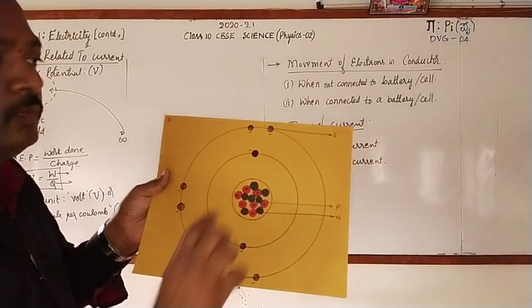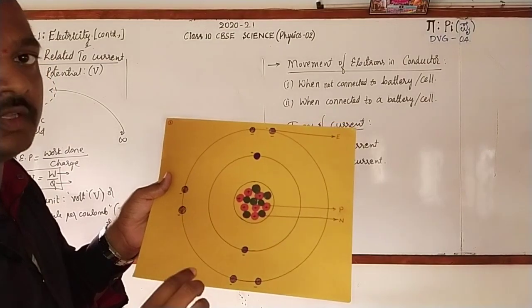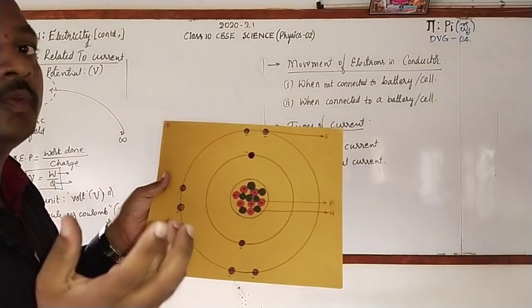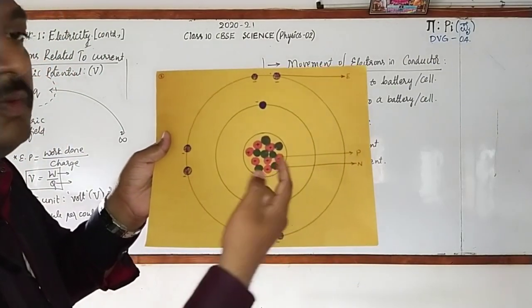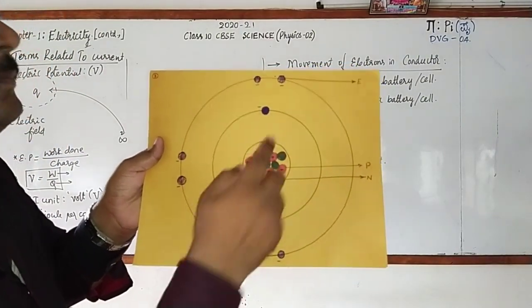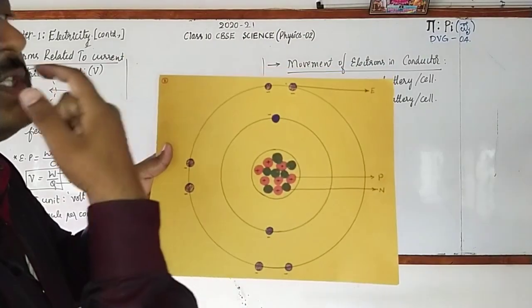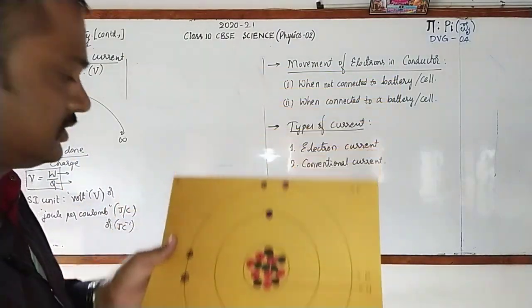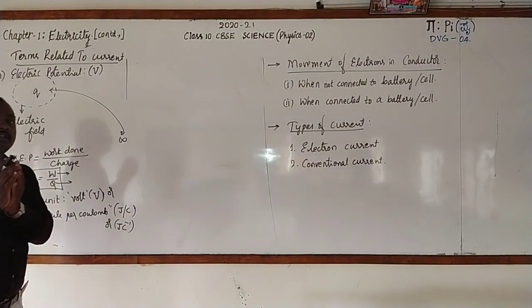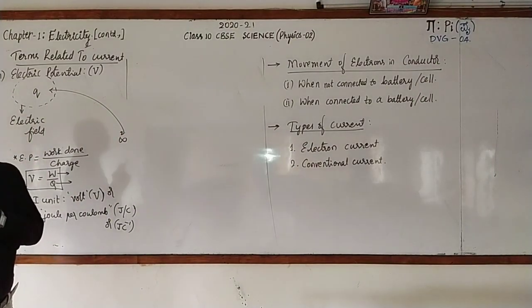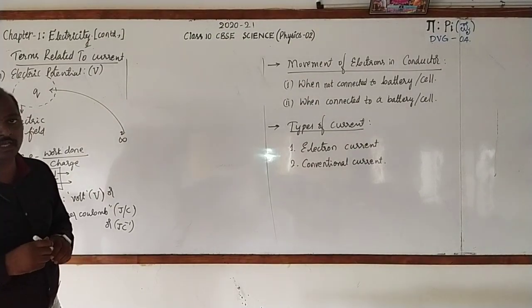Then which of these two, protons and electrons, has more potential? Protons, that is positively charged particles, have more potential than the negatively charged particles called electrons. So the electric potential of a body depends on the type of charge it has.